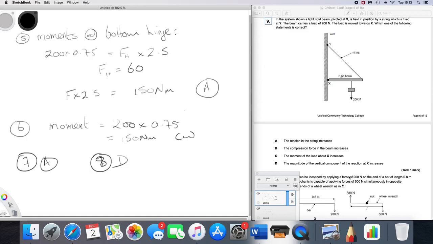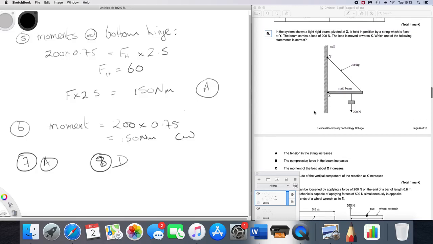System shown, light rigid beam, pivoted at X, held in position by a string which is fixed at Y. The beam carries a load of 200 newtons. The load is moved towards X. Which one of the following statements is correct?